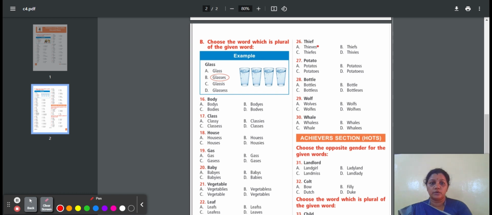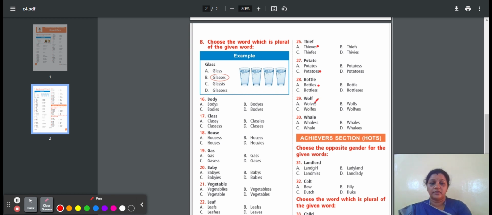27, potato. Here we have to add ES, potatoes. So the option is C. Rest of the options are meaningless. Bottle. Option A, bottles. Just adding S. 29, wolf.